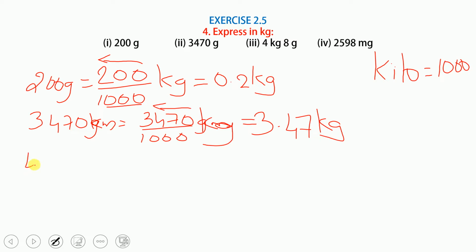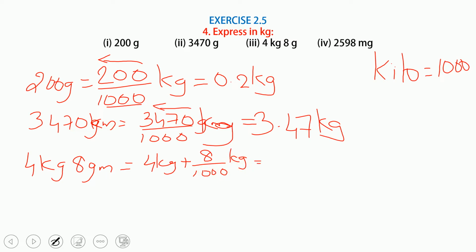Now the next is 4 kg 8 gram. Here we have to convert into kg. So 4 kg is already in kg, plus 8 gram. 8 gram means 8 upon 1000, that much kilogram.